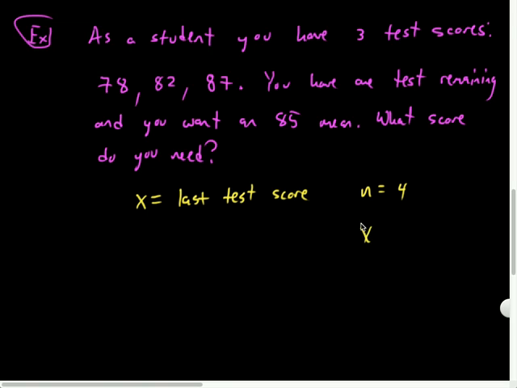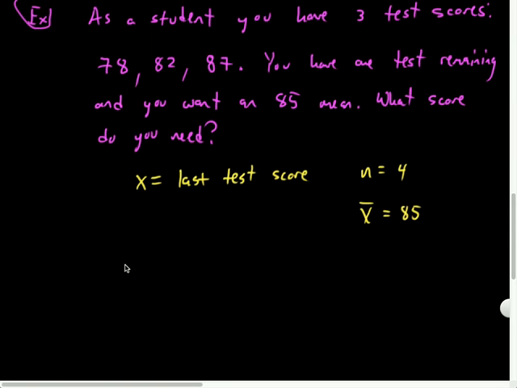My desired average is 85. So I'm going to set up an equation and solve it, where x plus 78 plus 82 plus 87 divided by 4, or I could have it set up this way, multiplied by 1/4, whichever way you want, is going to equal the average I want, 85.